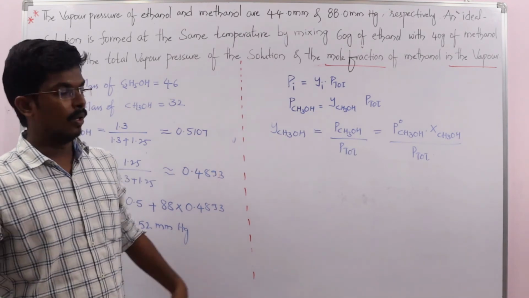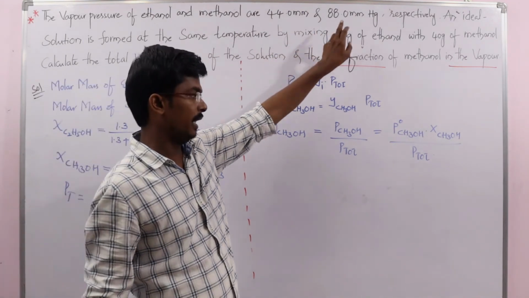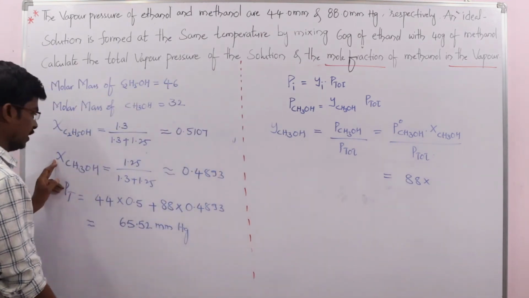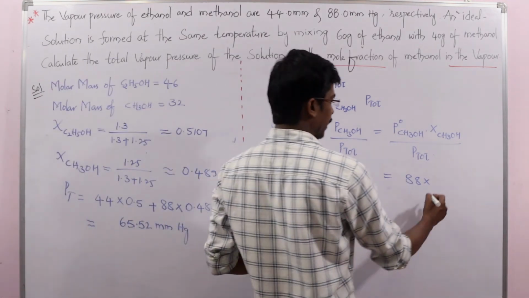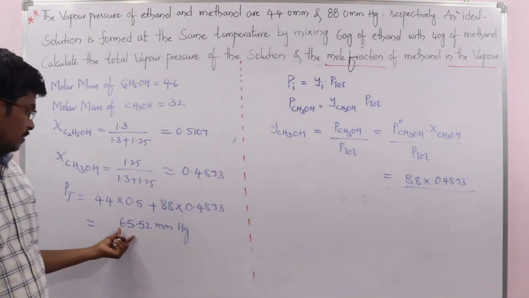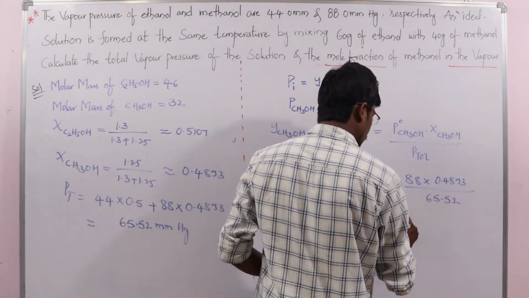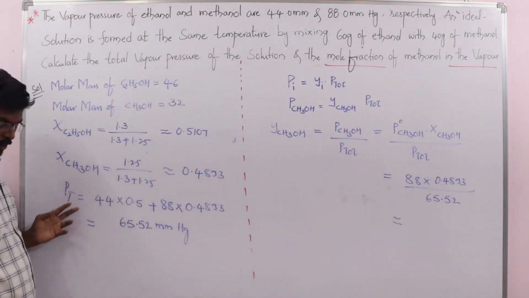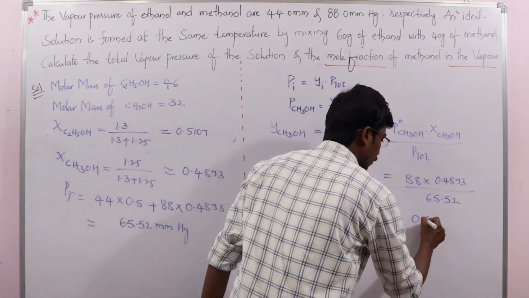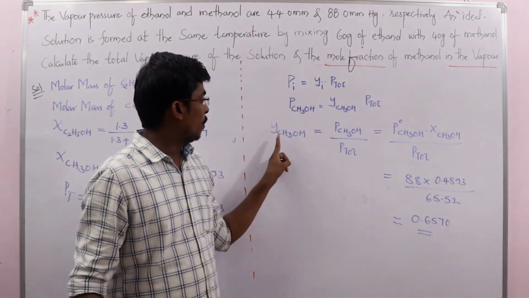You already know the pure vapor pressure of methanol is 88, into X CH3OH, 0.4893, by the total vapor pressure 65.52. When you simplify by substituting all these, you get 0.6570.